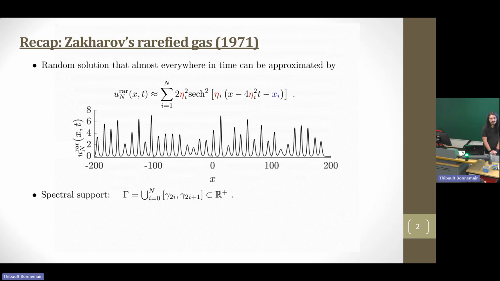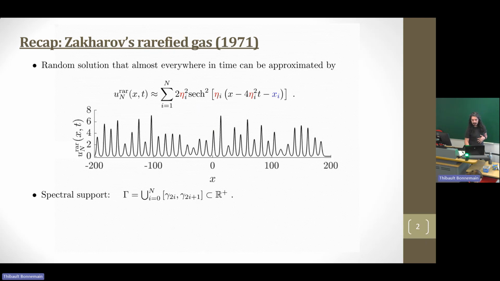If it is periodic or quasi-periodic, you have only band spectra, no bound states. But nevertheless, you approximate by a solution which somehow mimics bound states. Yes, indeed. And at this point, this is the rarefied gas. So it's a particular case of Soliton gas, but I also introduce a more general dense gas later.